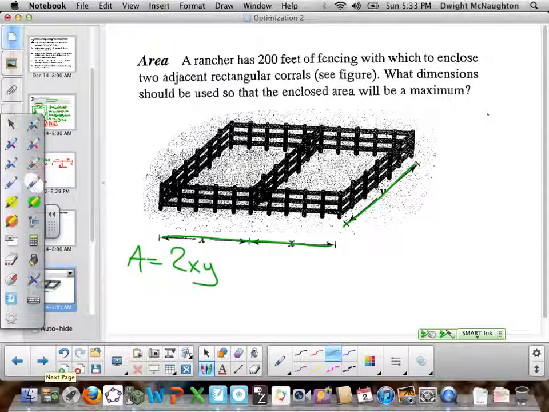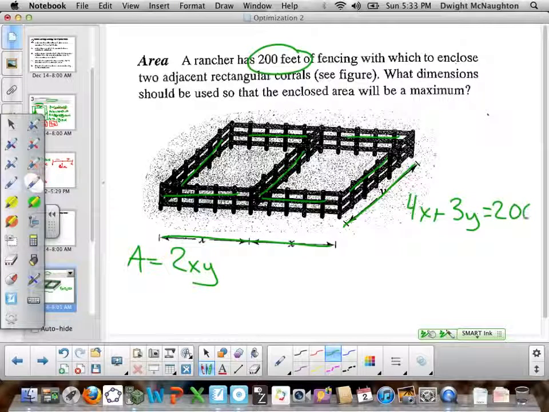There's our primary equation. Our secondary equation is all these fences right here need to add up to 200. So I see 4 x's, I see 3 y's, that needs to equal 200. All right, solve for either x or y.